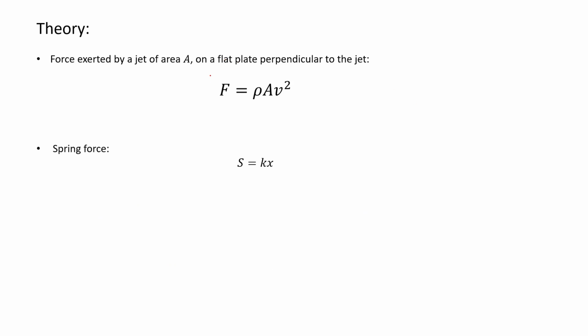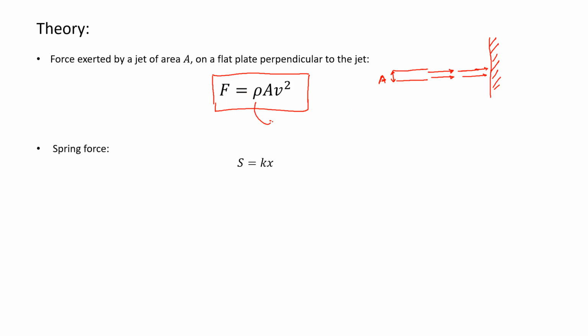So whenever you have a flat plate and there is a jet which is impinging on it perpendicularly, so let's say this is your flat plate and this is some jet, and the cross section of this jet is A. So in that case, this jet will apply some force on this plate, and that force is given by this formula.